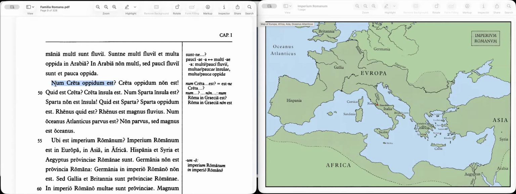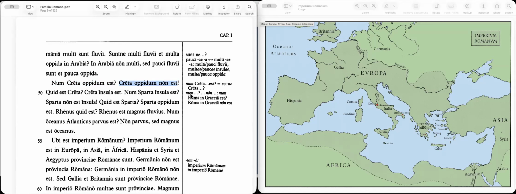So, num creta oppidum est. The person asking the question expects you to deny that Crete is a city because he doesn't think it's a city. He isn't sure, maybe. And sure enough, the answer is Creta oppidum non est.